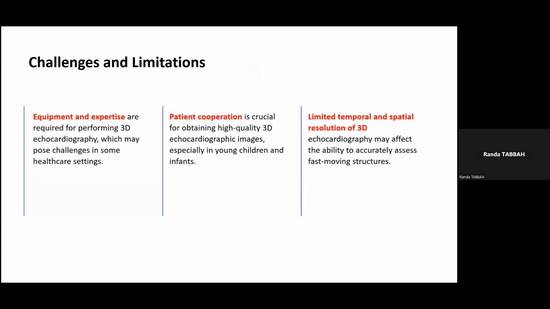But we have some challenges, of course: the equipment and the expertise, the patient cooperation, because these patients are young children or infants, they don't cooperate, and the limited temporal and spatial resolution of the 3D.